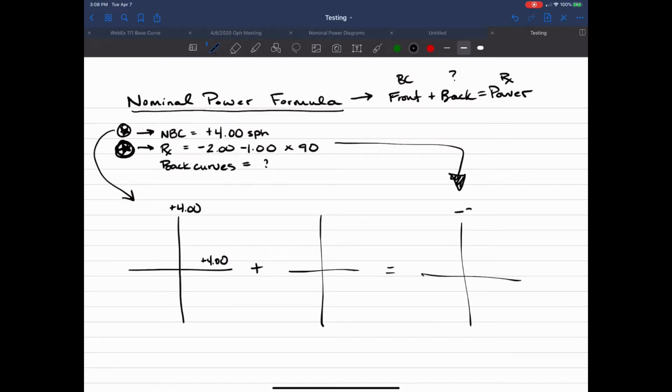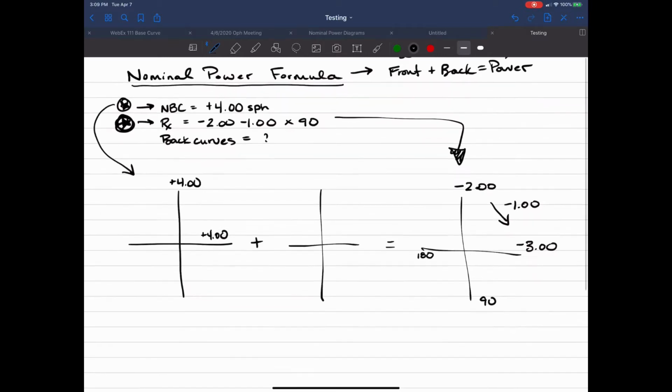So we have a -2 at 90, and then as we go a -1 more, we end up with a -3. For this particular question, we won't need to know what the other meridian is, but we can easily see that it's 180.